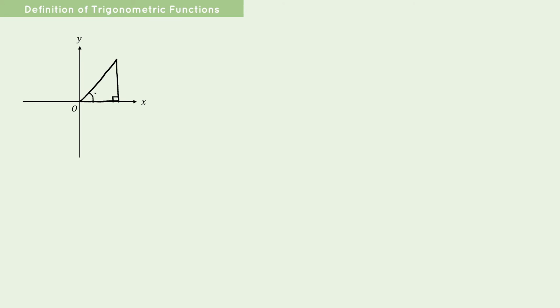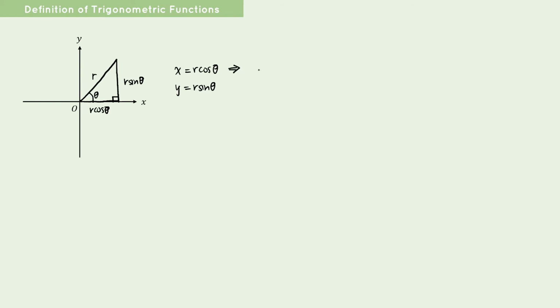So this is theta. Can you see that the x value is actually r cosine theta, and the y value is actually r sine theta. Okay, so I write it down. X is r cosine theta and y is r sine theta.